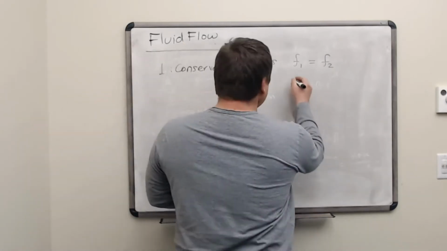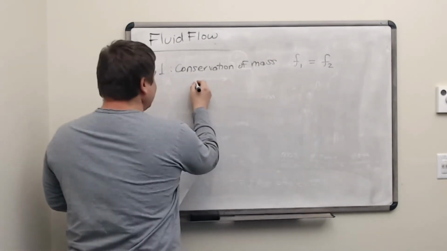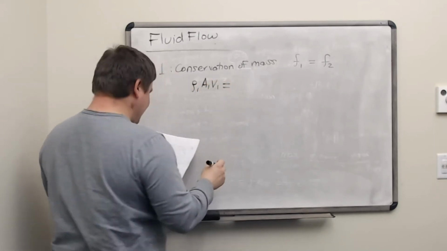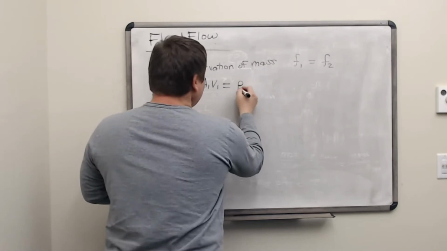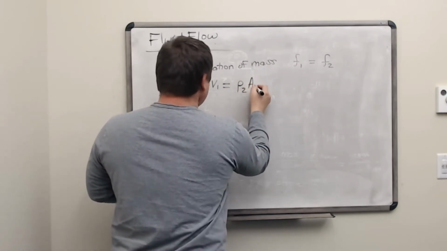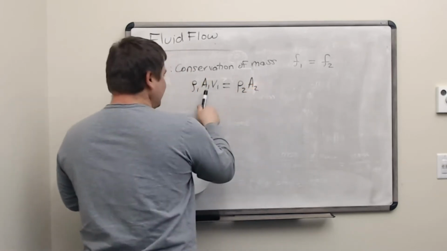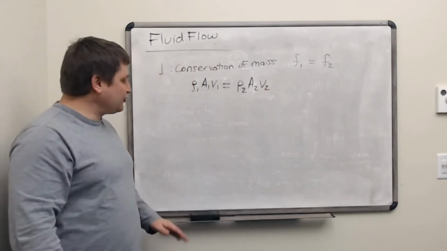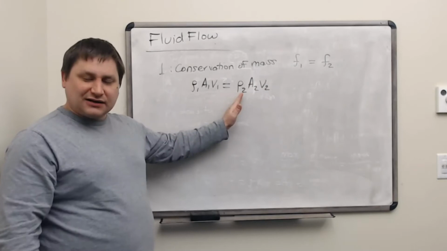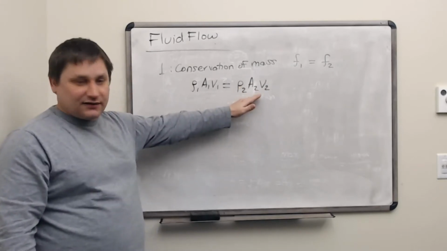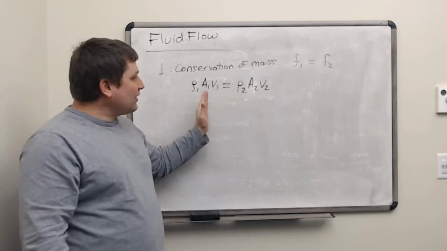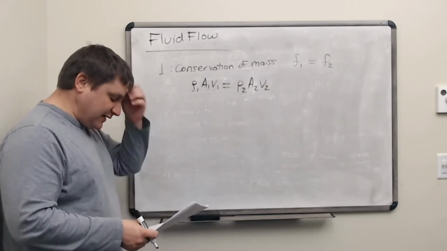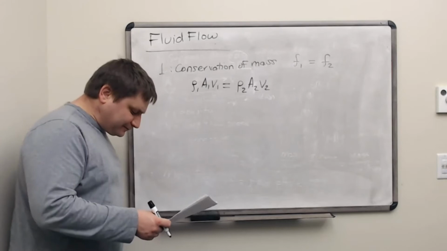Okay, so we can write this out as the density times the cross-sectional area times the flow velocity at location 1 should be equal to that product of three things at any other location, like location 2 or any other location in the pipe. So that quantity is a constant along the entire flow.